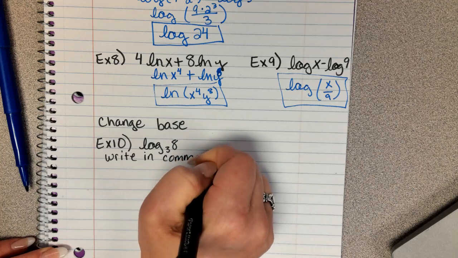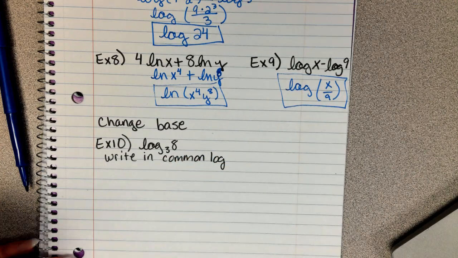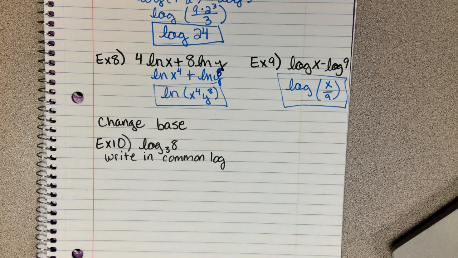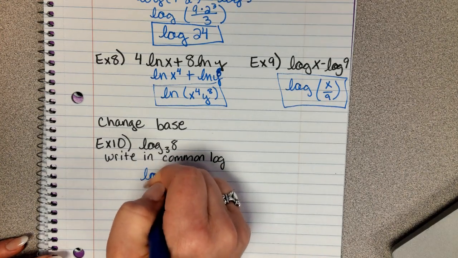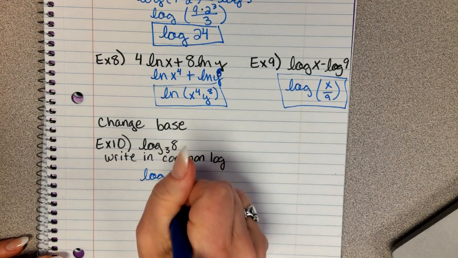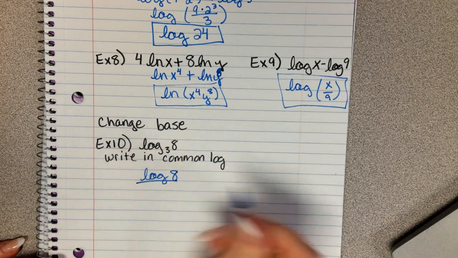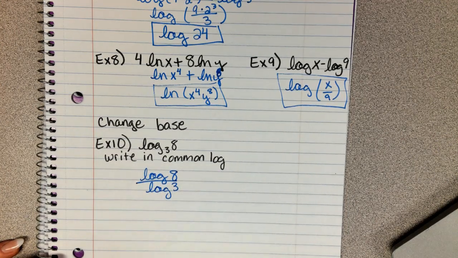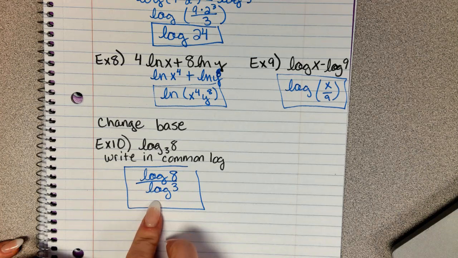So if I would like this as a common logarithm, I'd have to use change of base. Change of base says what I'm going to do is pick the base that I want. If I'm doing a common log, I want base 10. So I can take this as log of my a value, or the answer value, I guess you could call it, divided by the log of the base. Both of these are now log base 10. So I've rewritten log base 3 of 8 as a division of log base 10.